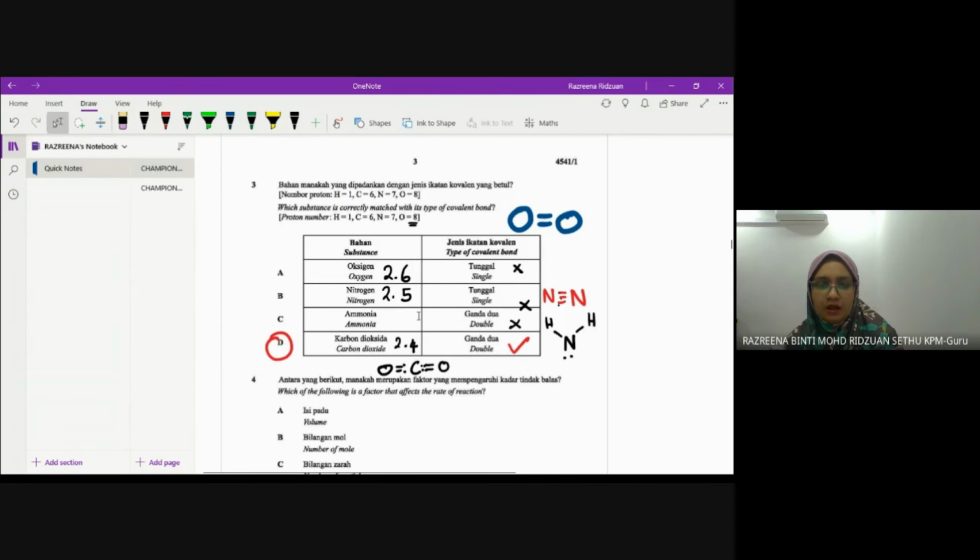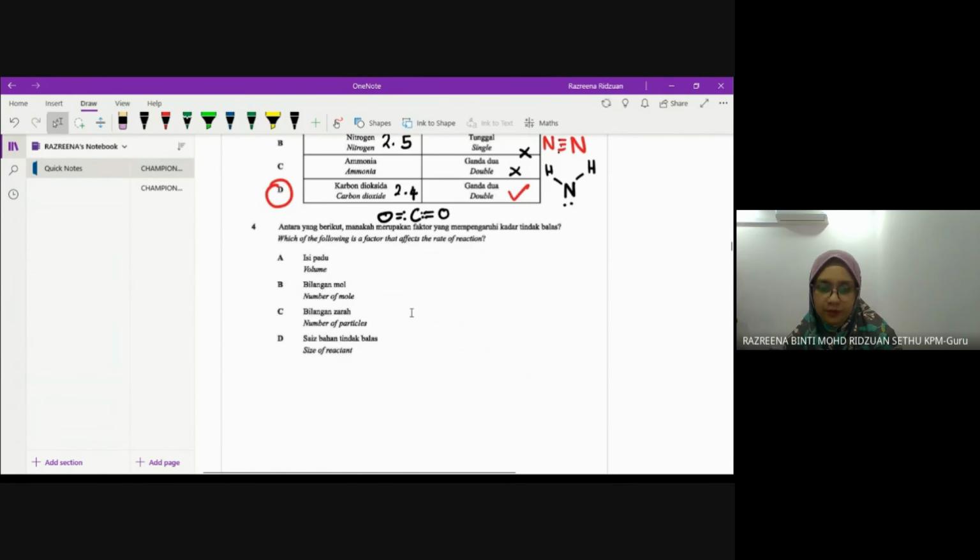Okay, let's move. Question 4. Which of the following is the factor that affects rate of reaction? If you remember chapter 7 from Form 4, the factors that affect it. You have size of reactant, which is correct.